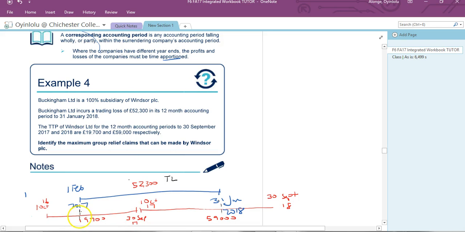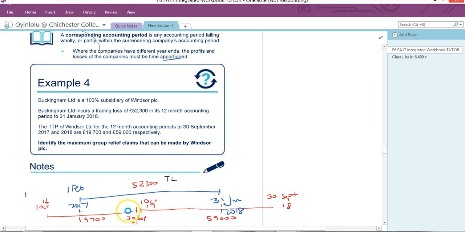What's happening here is the February, March, April, May, June, July, August, September. I've been working all day with this, so it's getting slightly temperamental.